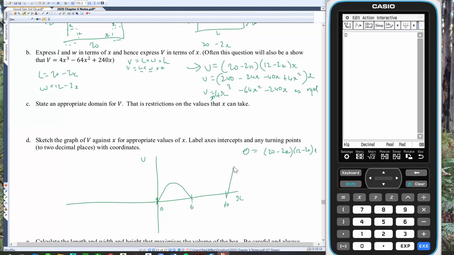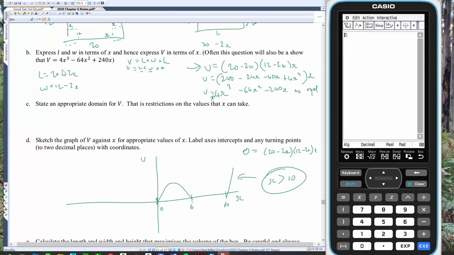Okay, but it's this part here that we're going to talk about a little bit more. Note that in this part, we've got values of X greater than 10. If you have a think about why it's gone positive again, think about values of X greater than 10, i.e. let's go 20.